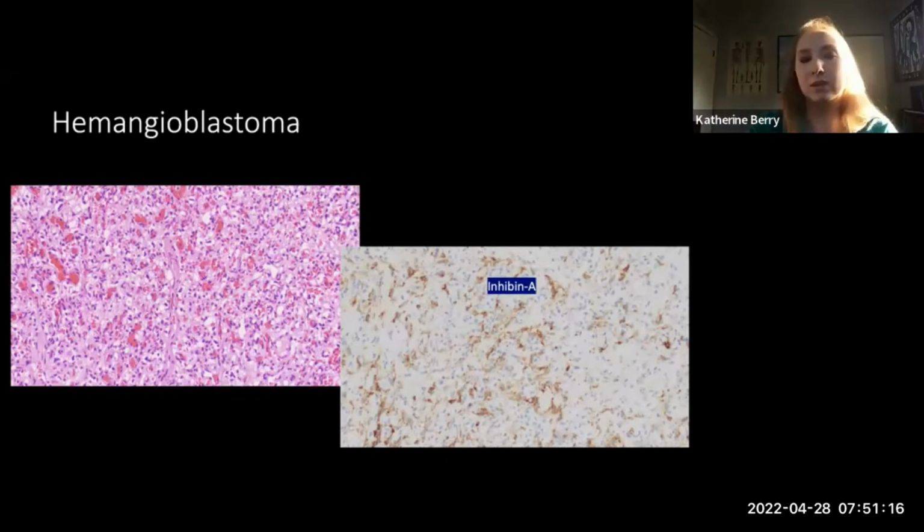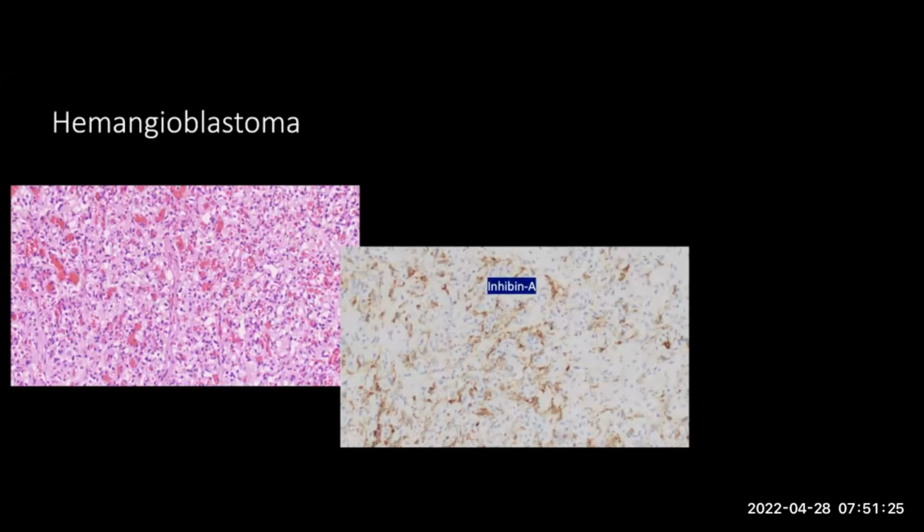Thank you. And with his history of renal cell, I know on frozen slides it can look similar, but the inhibin confirms that it's not that, right? Correct. And also, sometimes it's difficult to tell a clear cell renal cell carcinoma metastasis from hemangioblastoma, especially on the basis of histology alone.